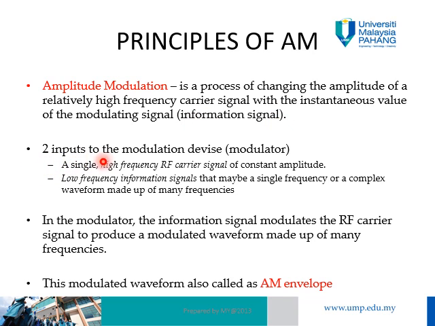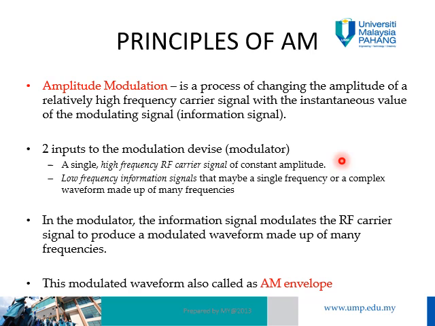There are two inputs to the modulation device, which is known as the modulator. First is a high frequency carrier signal with constant amplitude, and the second input is a low frequency information signal that may be a single frequency or a complex waveform made up of many frequencies.